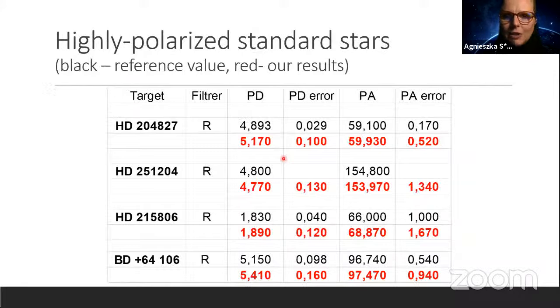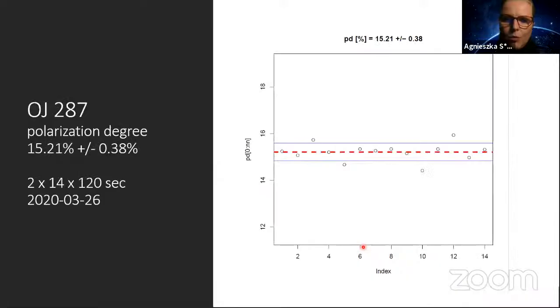Even with such a simple technique, you can really get decent results, because in black, these are the polarization standards, with the numbers from the literature, whereas in red, you have the numbers that we obtained from the Suchora data. You can see that the accuracy of the polarization degree is 0.1%, whereas for the position angle, it's a few degrees. And we were performing observations of OJ287.